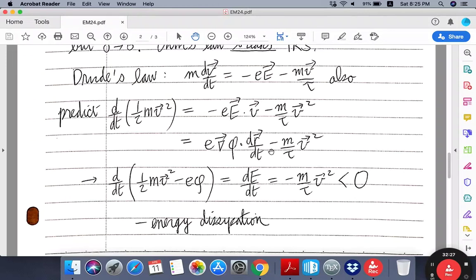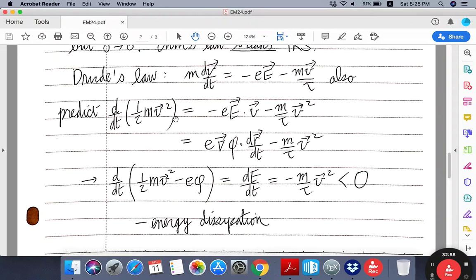Okay, so now let me try a more straightforward explanation of the fact that there is an energy dissipation process going on with the Drude equation. So you write down this Drude equation, and then on the basis of this equation, you work out the time derivative of the kinetic energy, 1/2 mv squared.